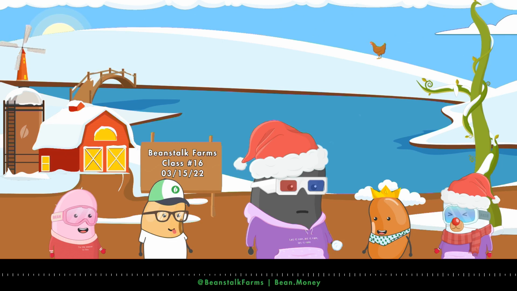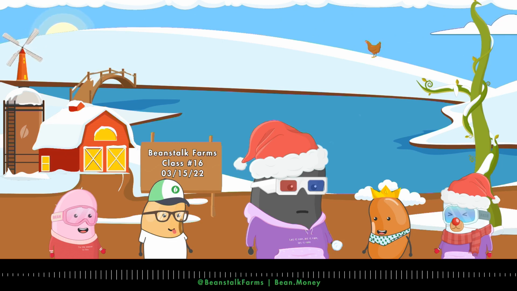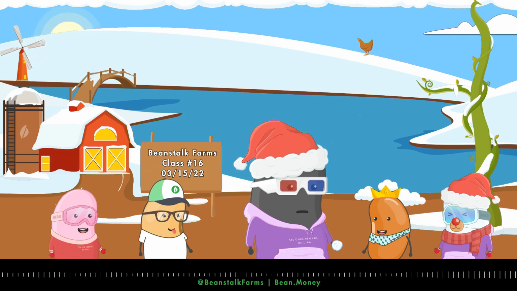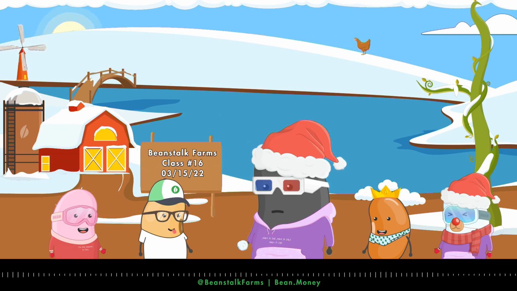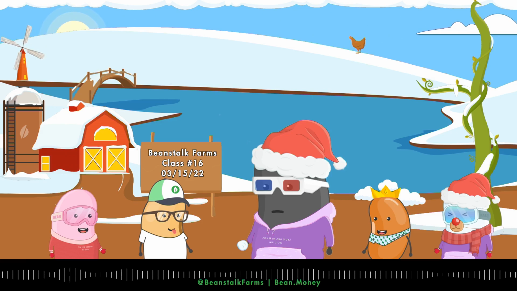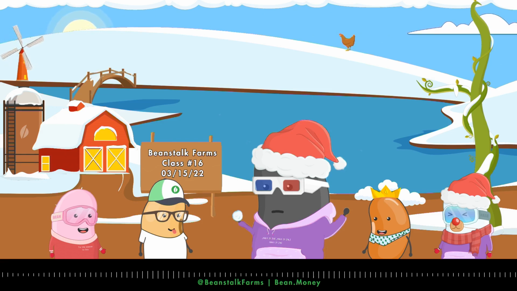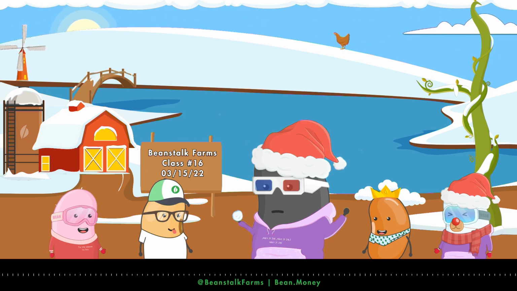One is the BIP7 convert, which everyone is probably more likely to be familiar with, where when the price is too high, you can convert Deposited Beans to Deposited LP tokens without forfeiting any Stalk. So you're in practice selling Beans and lowering the price. So anytime the price is too high, you can convert your Beans into LP tokens, gain more Seeds, and start accruing more Stalk without burning any of your Stalk for making that conversion.